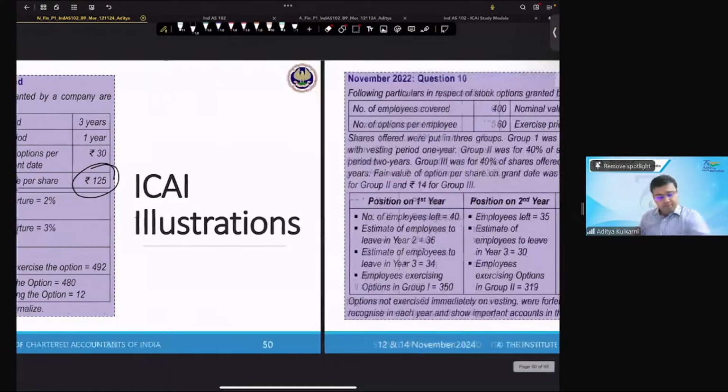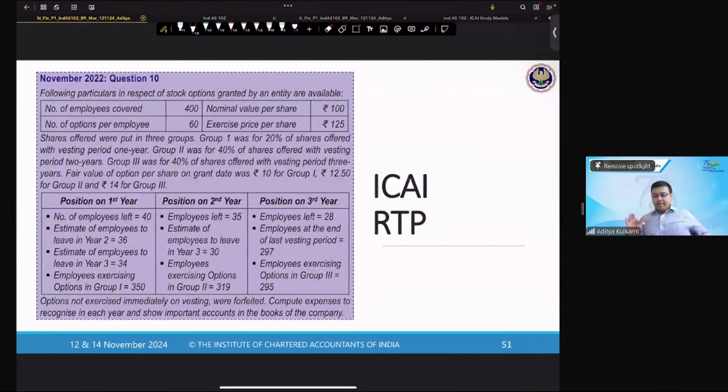Can you try the ICAI RTP November 22 question by yourself? Wait, I think it's better that I do it because this is graded vesting. We will do this together, but after the break.